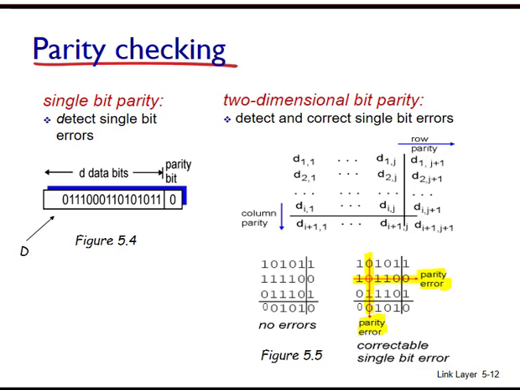Although our discussion has focused on the original data bits of information, a single error in the parity bits themselves is also detectable and correctable. Two-dimensional parity can also detect, but not correct, any combination of two errors in a packet.